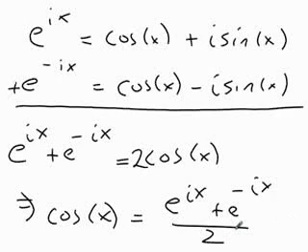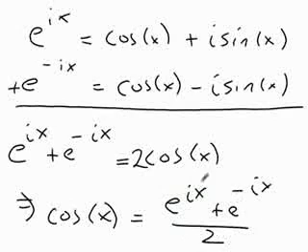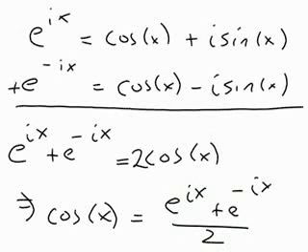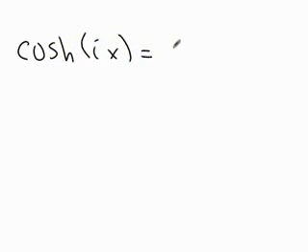Now, doesn't that look familiar? This is the same form the cosh, the hyperbolic cosine, looked like. So now we get this nice little relation. The cosh of ix is the cosine of x.